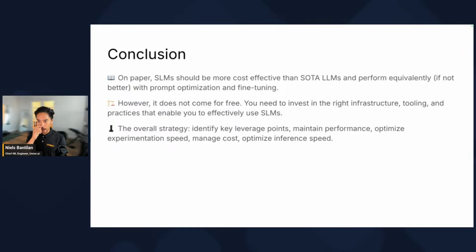Manage costs by disaggregating compute, so you're using only the compute you need and not over-provisioning based on the largest LLM in your entire system. And optimize inference speed by reusing containers, loading the model only once in the lifetime of an agent and reusing it as much as possible.